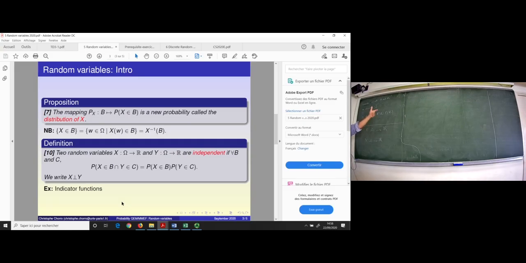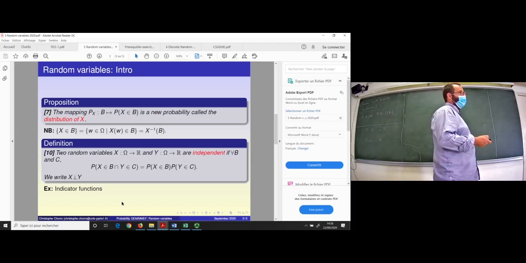We have the probability of an intersection that has to be equal to the product of probabilities, but in fact it has to hold for any preimages here.